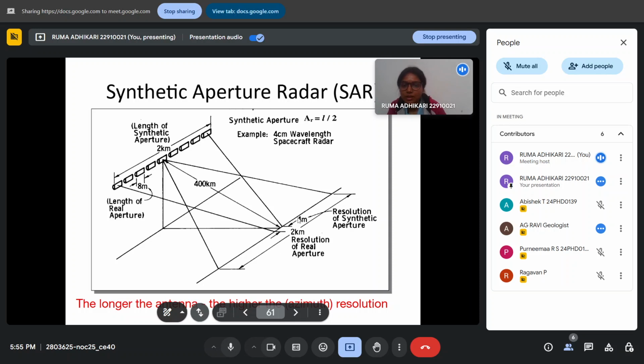We want the resolution smaller, in the sense that the numerical digit is smaller, so it is called higher resolution. Numerically we need the smaller one. For real aperture we were only able to illuminate this much, but for high resolution or to cover more area, this is our solution.